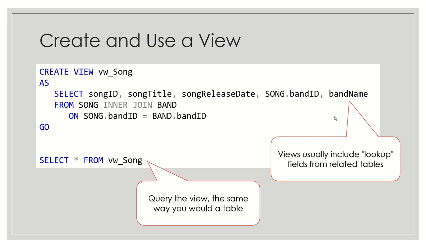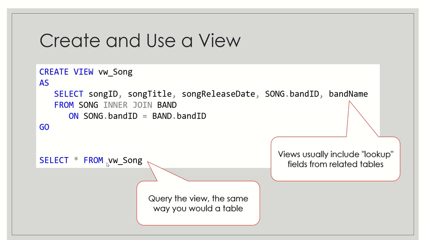And typically when we create a view around a table that is part of a relationship, the view by convention would also include some lookup fields from related tables. So rather than just displaying the band ID, we choose to also include the band name. So whenever you have a relationship and you're creating a view, it's common to include those lookup fields. Once the view is created, we can use it in the from line of a select query. So it acts just like a table.